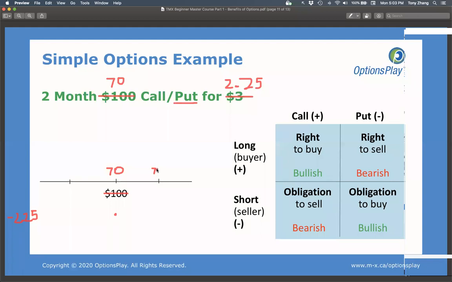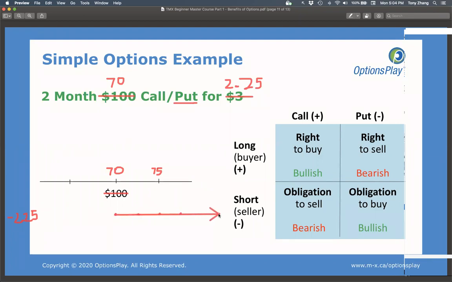So let's say the stock is currently trading at 75. I can just sell the stock on the open market for 75. Why would I sell it to the seller of that put for just $70? So that's why for any price above $70, I just lose $2.25, because it doesn't make any sense for me to exercise my put option.